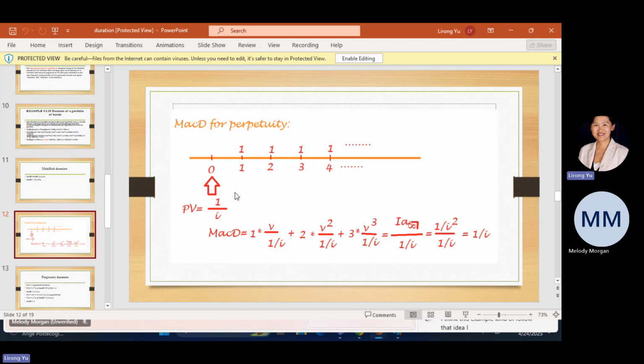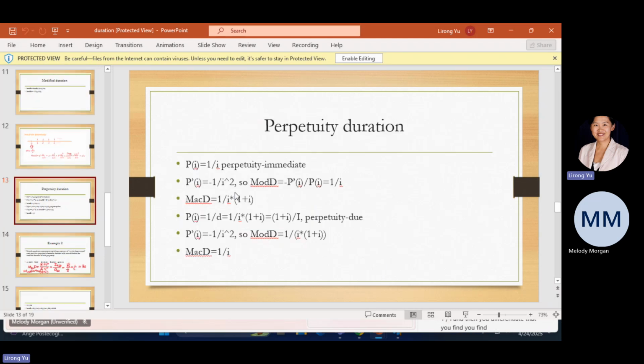For the Macaulay duration of perpetuity, I calculated the present value function with respect to i. For perpetuity, the present value is simply 1 over i, and you differentiate that. The derivative of 1 over i is negative 1 over i squared, and then you divide, put a negative sign, and the modified duration for the perpetuity immediate is 1 over i. And the Macaulay duration is 1 over i multiplied by 1 plus i.